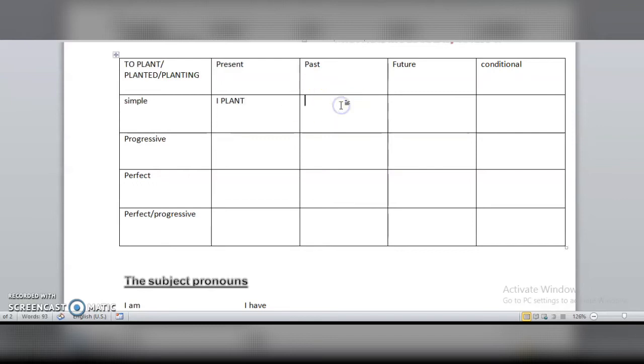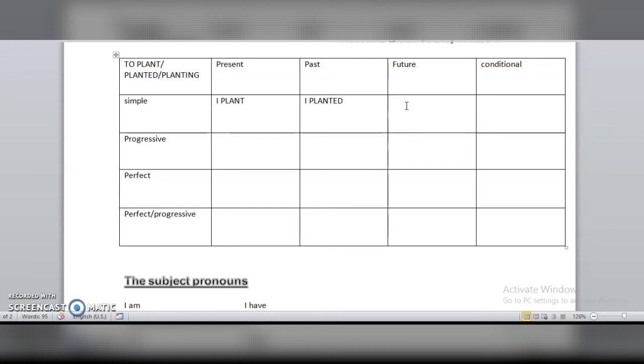For the past, I'm going to add the pronoun I, planted, because it's a regular verb. Good. For the future, there is an auxiliary. The auxiliary is will. So I am going to add the auxiliary after the subject pronoun, and then I add the base form.